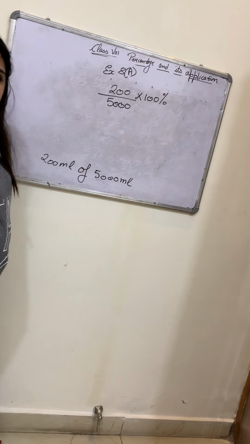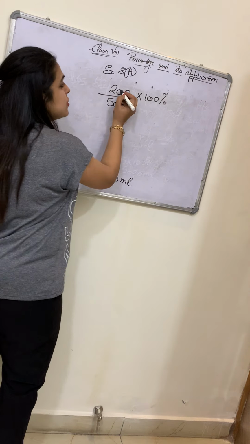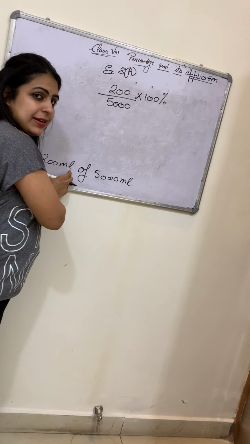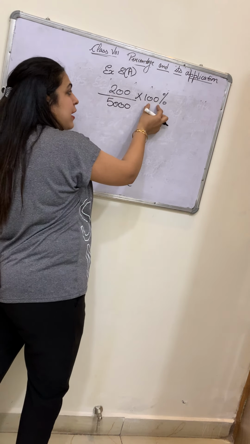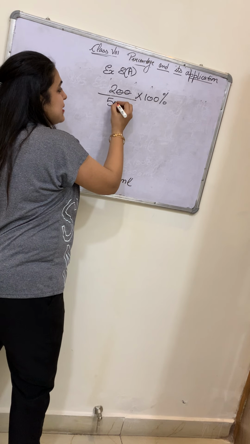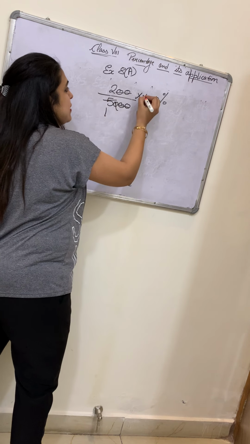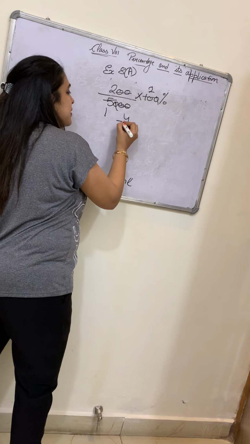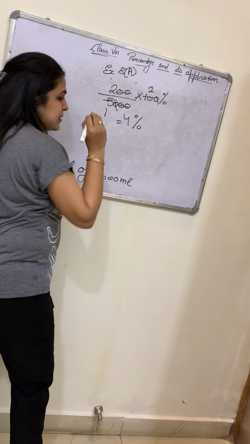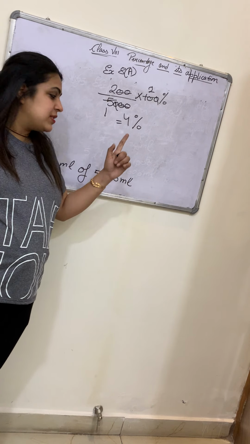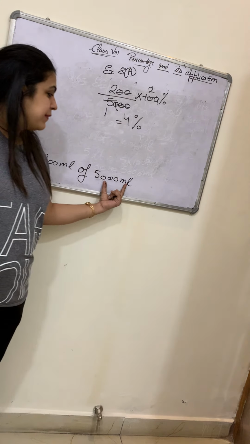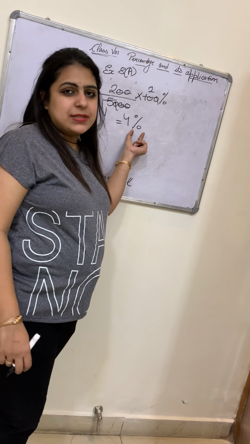Zeros are cancelled here. 5 ones are 5, 5 twos are 10. Answer is 4%. So 200 milliliters of 5000 milliliters is 4%.